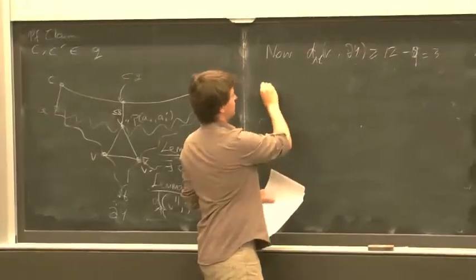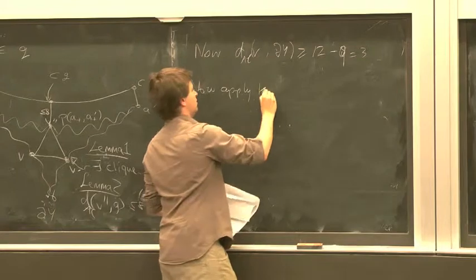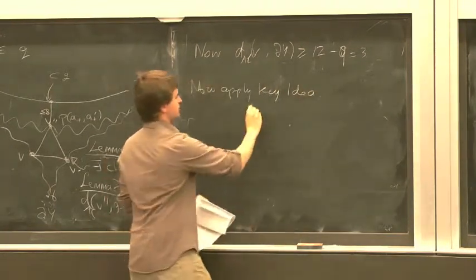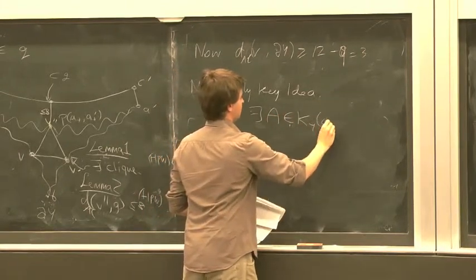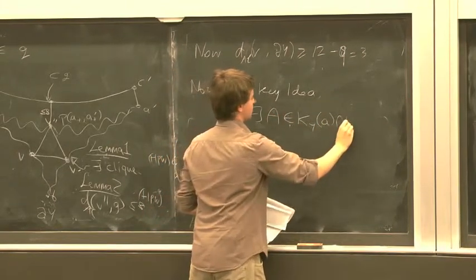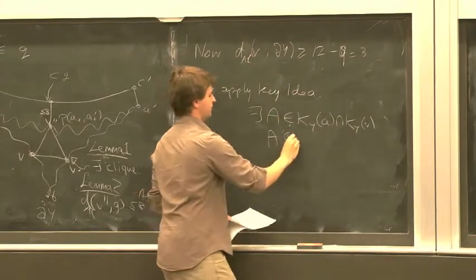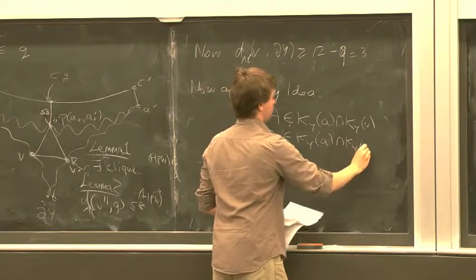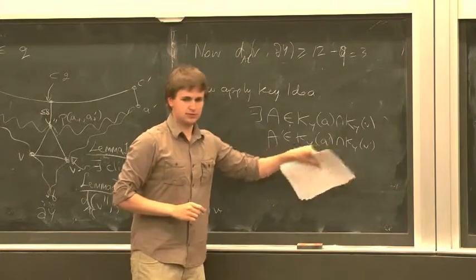Okay. Now, the key idea. So there exists some arc which is shared by both A and B, and there's some arc A prime which is shared by both this guy and this guy.